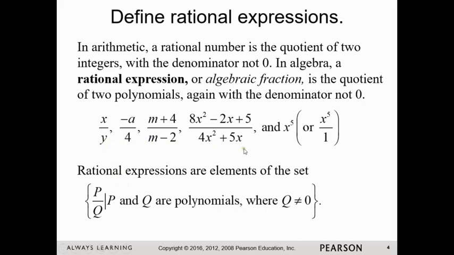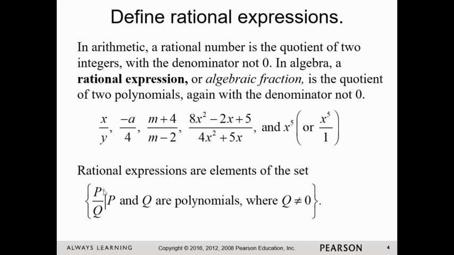So here you can see examples of rational expressions. As it says, there are two polynomials, a quotient of two polynomials here. And a quotient, remember, means division. Down here at the bottom is an introduction to set builder notation, which we'll talk about in a little bit.